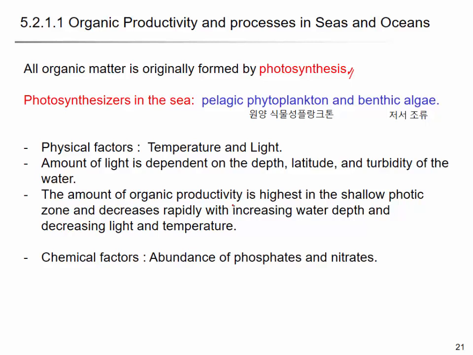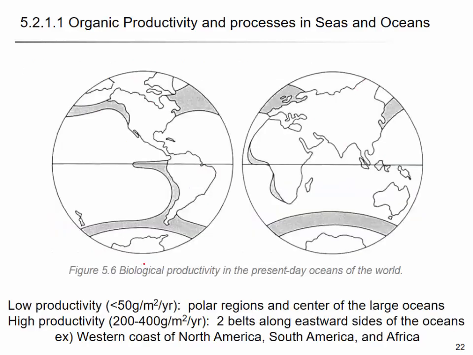The amount of the organic productivity is highest in the shallow photic zone, where the light is coming, and decreases rapidly with increasing water depth and decreasing light and temperature. So the gray area here is the region where the biological productivity is very high.